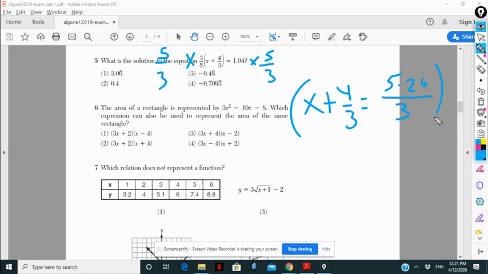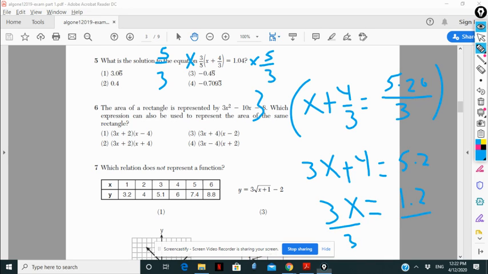I'm going to multiply the whole equation by 3. So 3x plus 4 equals 5.2, minus 4. So 3x equals 1.2, divided by 3. So x equals 0.4. So the answer is 2.